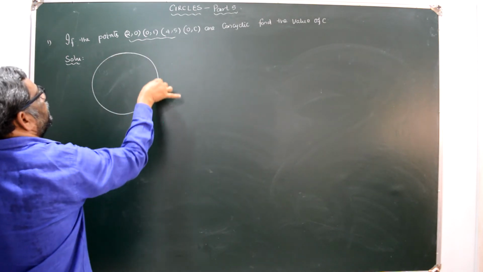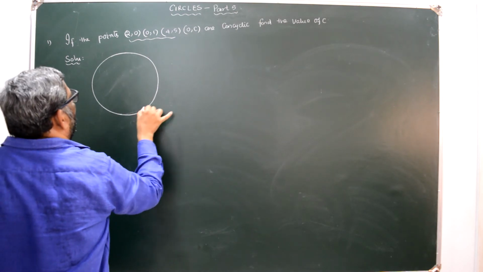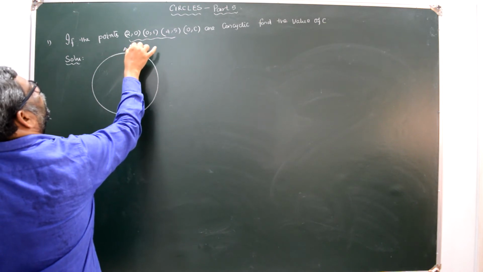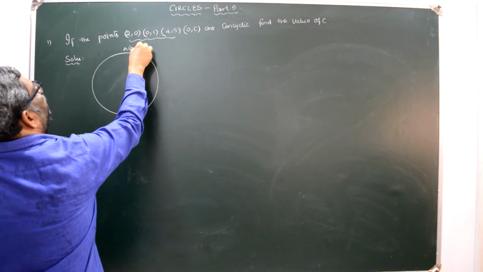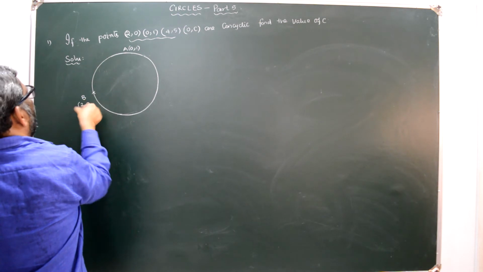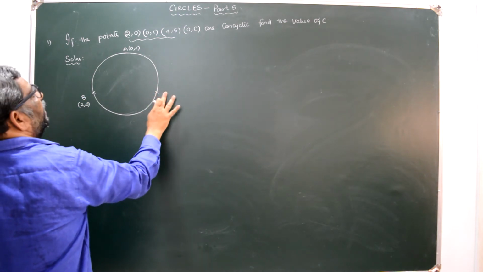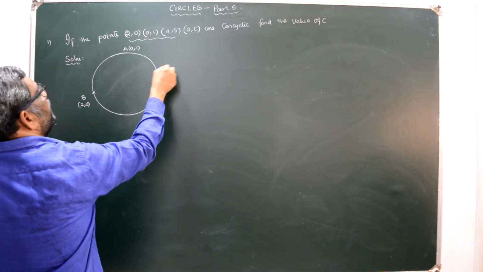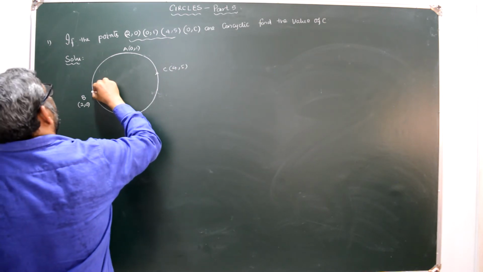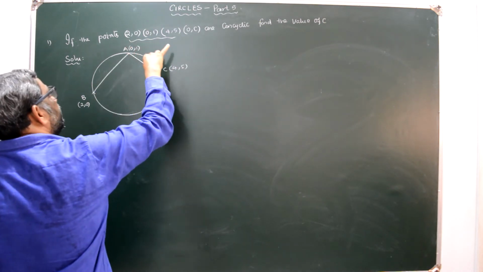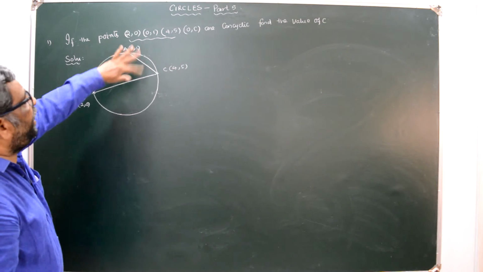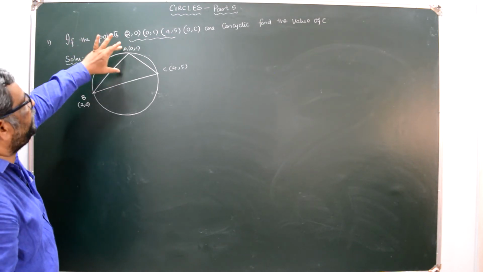This point is A (0, 1), this point is B (2, 0), and this point is C (4, 5). So I will join these 3 points which are on the circle, and I get a triangle with these 3 as vertices.